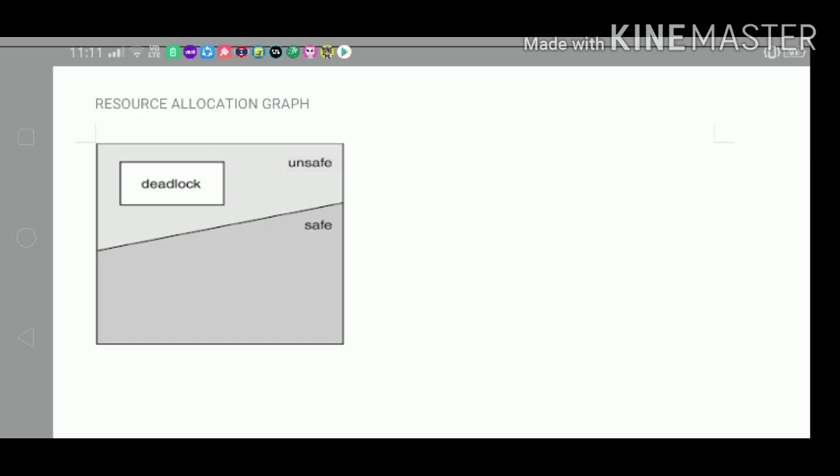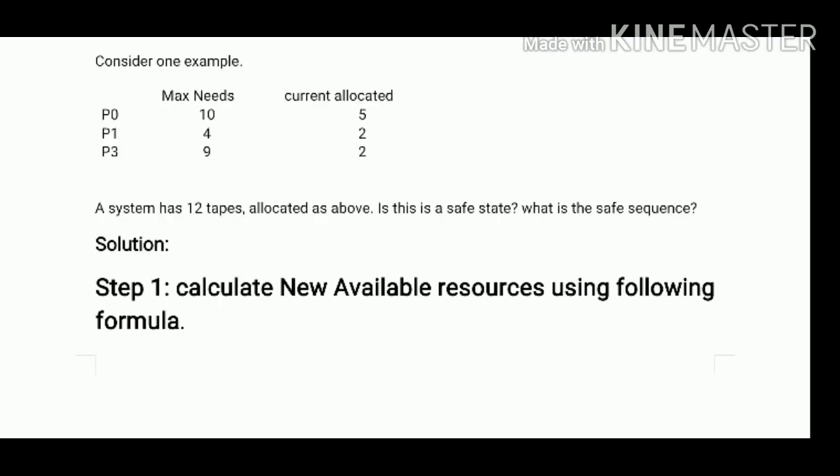Okay. Now we are going to consider one example in which processes P0, P1, P2 need maximum resources of 10, 4, 9, but are given only 5, 2, 2. First we are going to calculate the total number of resources left after allocating resources to processes P0, P1 and P2. For that we have a formula: available will be the total minus the total allocated to processes P0, P1, P2.